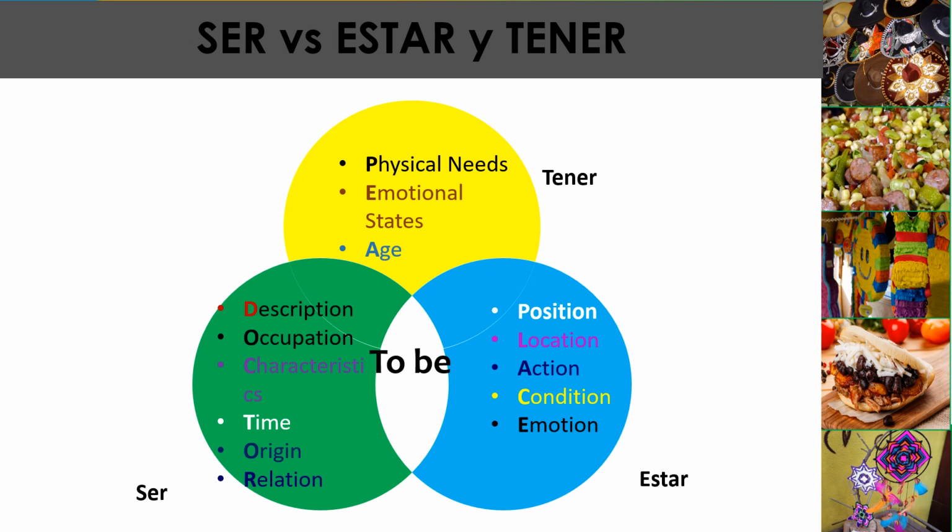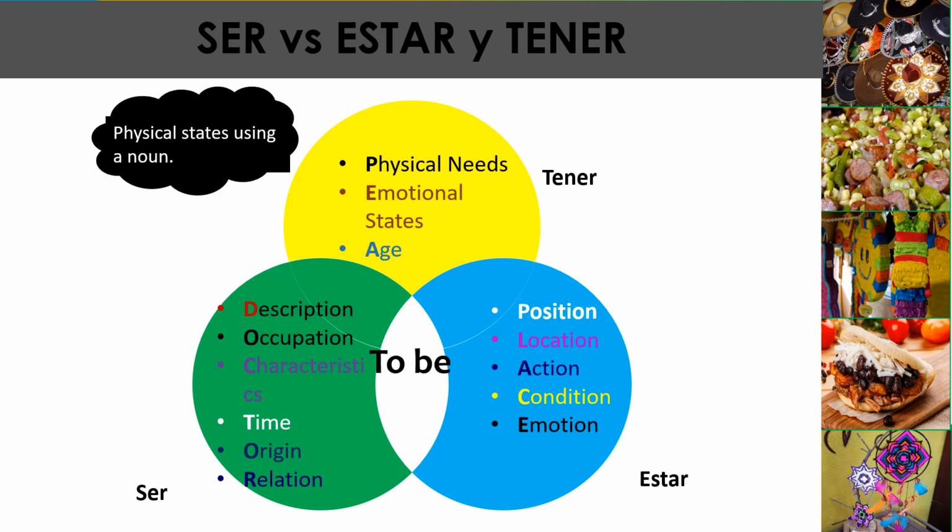Estar, PLACE: the P is position, location is the L, action is the A, condition is the C, and emotion is the E. Now for tener, P is for physical needs, E for emotional states, and A for age. So when we are talking about physical states using a noun, we use tener.